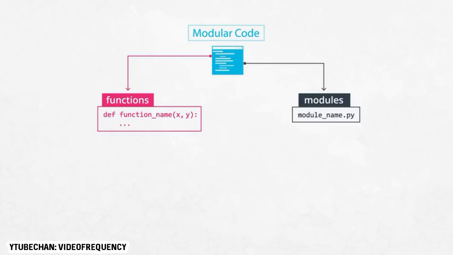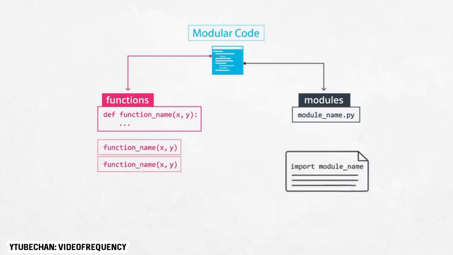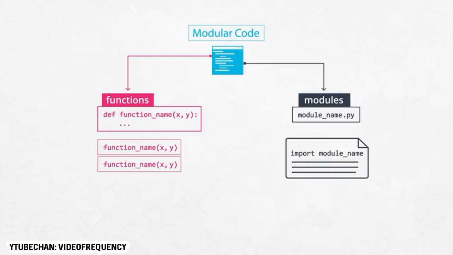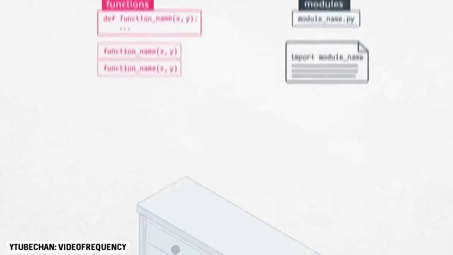In programming, a module is just a file. Similarly to how you can encapsulate code in a function and reuse it by calling the function in different places, you can encapsulate code within a module or file and reuse it by importing it in other files. We will see examples of this later.